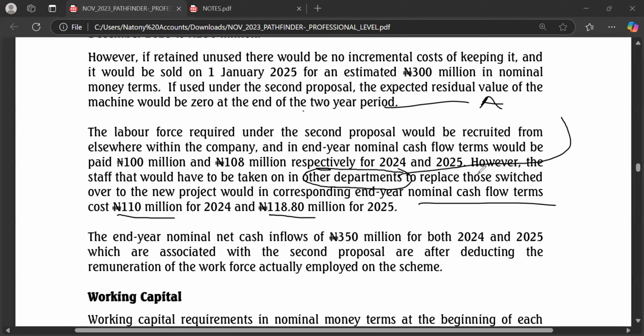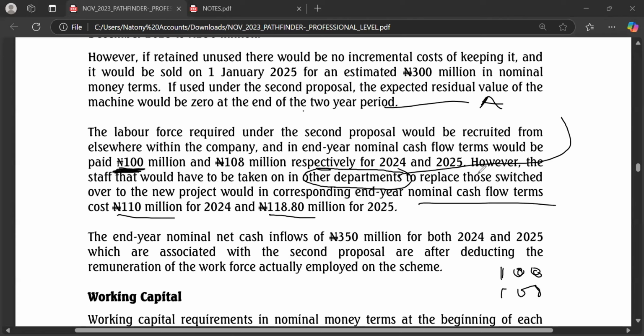Okay, but look at what those staff were initially supposed to cost if they are still in their departments. If they are still in their departments, the costs that the company will have incurred will have been 100 for 2024 and 108 for 2025.